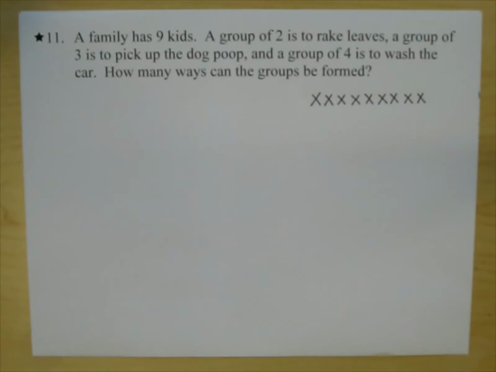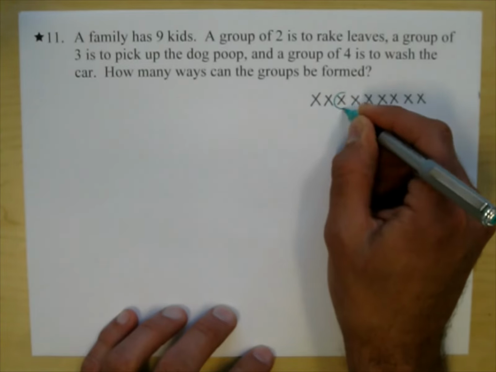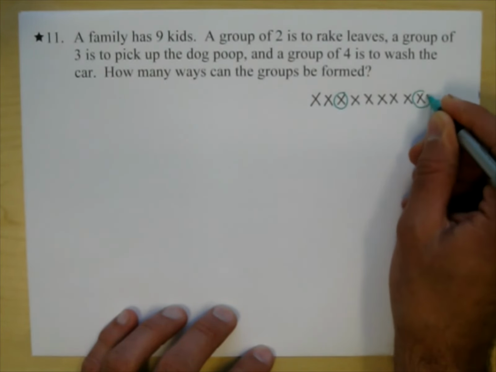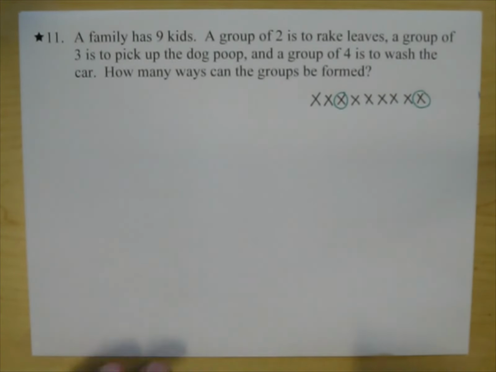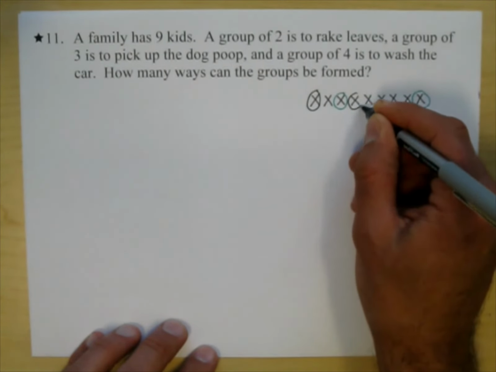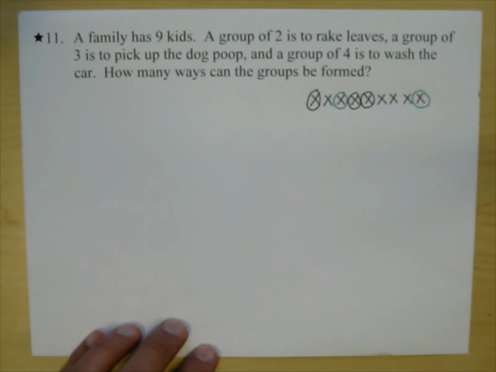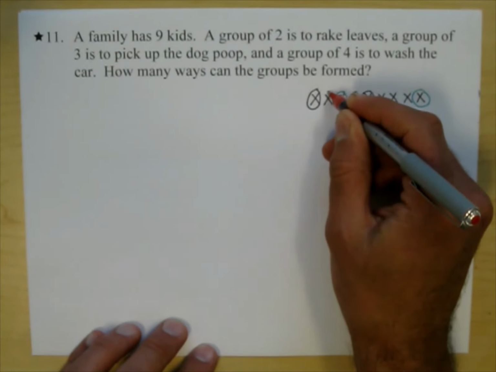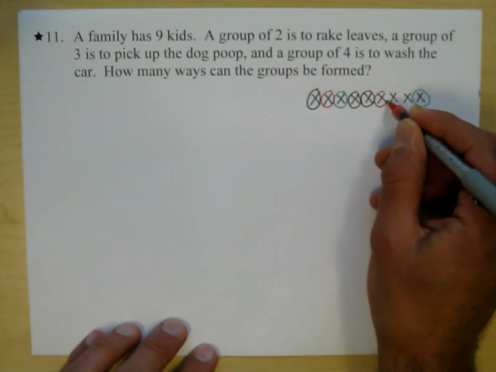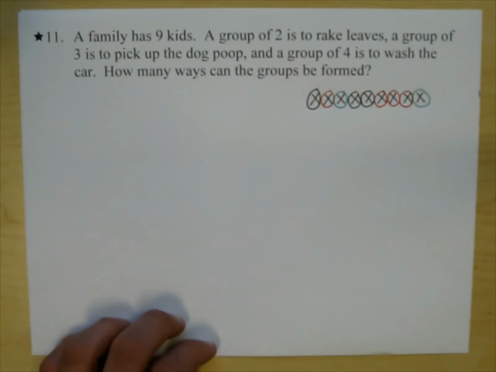Whereas 2 of them are to rake leaves. And 3 are to pick up dog poop. And the other 4 wash the car.